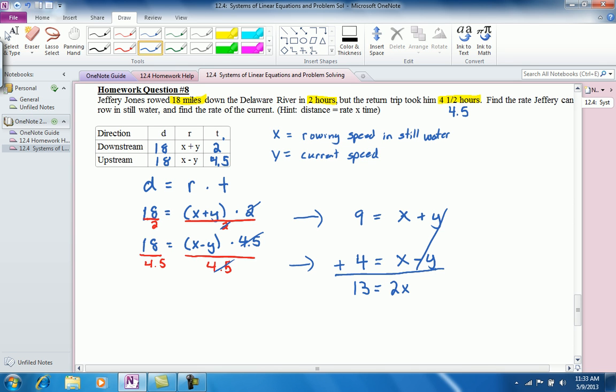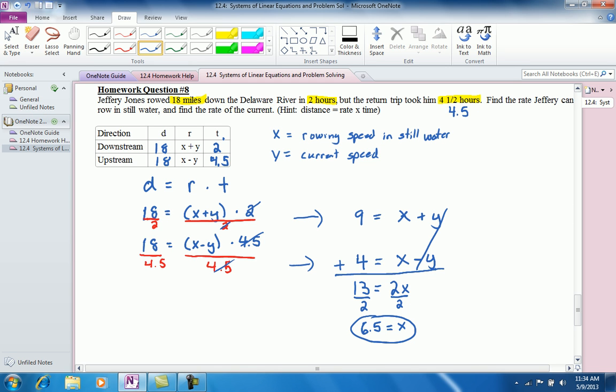I get 13 equals 2x. Divide both sides by 2, and I will get 6.5 is x. And remember, x represented his rowing speed in still water.